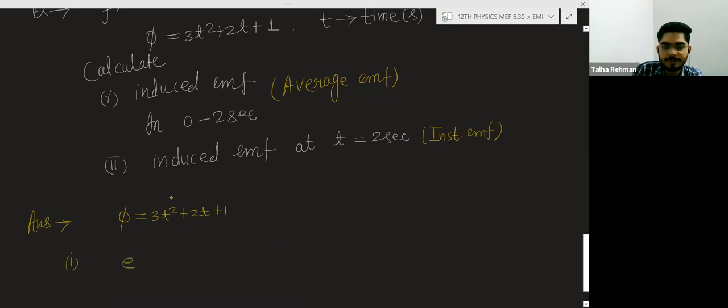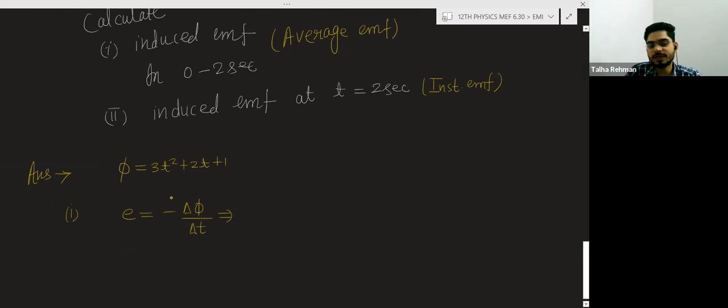Average EMF is equal to minus of delta phi by delta t. What is the meaning of delta phi? Delta phi is phi 1 minus phi 2. Sorry, phi 2 minus phi 1. Delta phi is phi 2 minus phi 1.